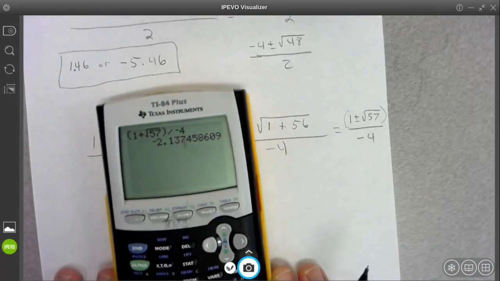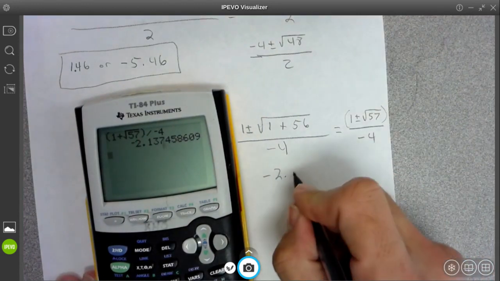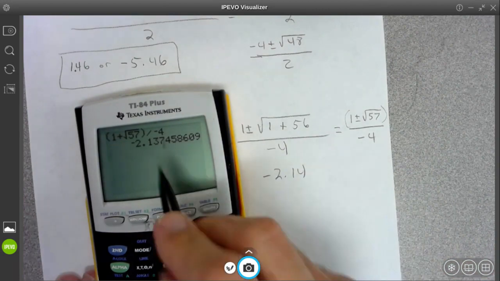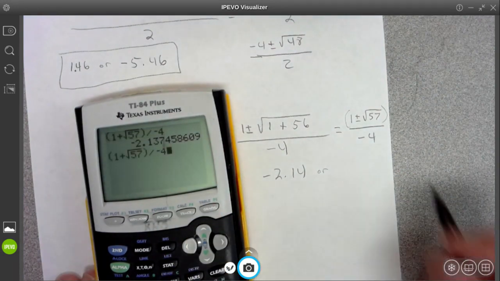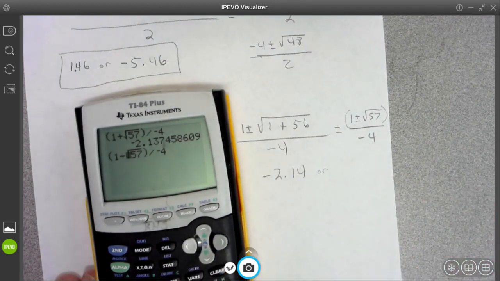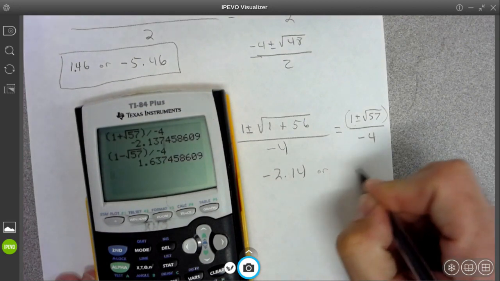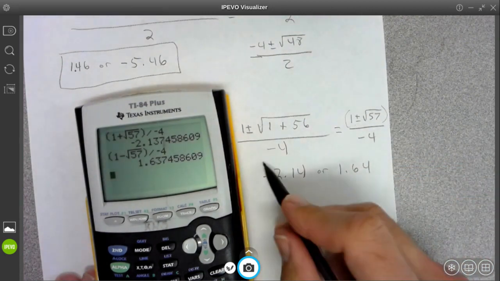So negative 2.14, that'd be 1/4, I guess, round it up. And then we go back up and do the negative version. Change that to a minus. Okay, 1.64.